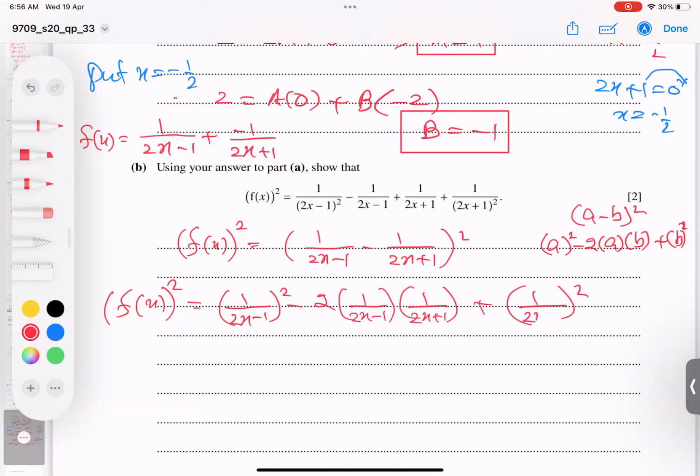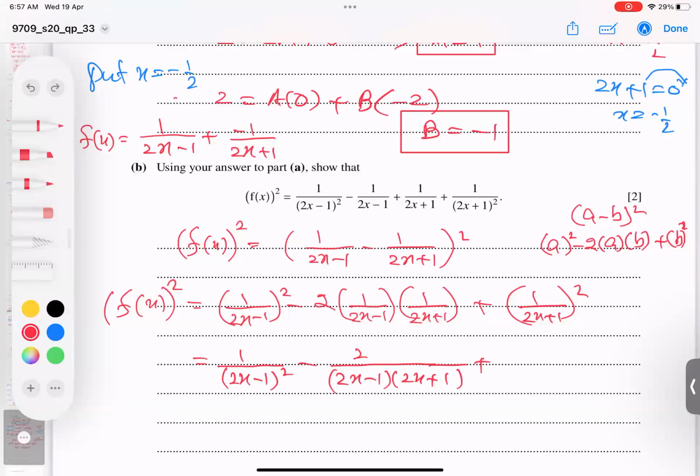Now, when I apply this here, the square of 1 is 1. The square of the denominator is this. So I can write it as it is, 2x minus 1 times 2x plus 1.